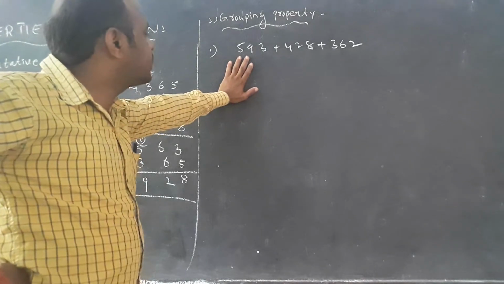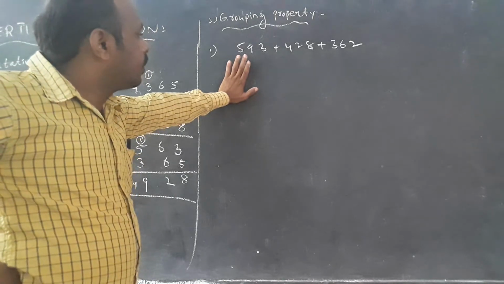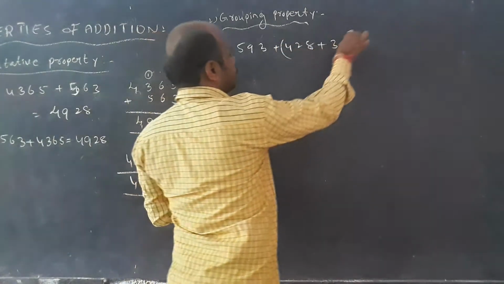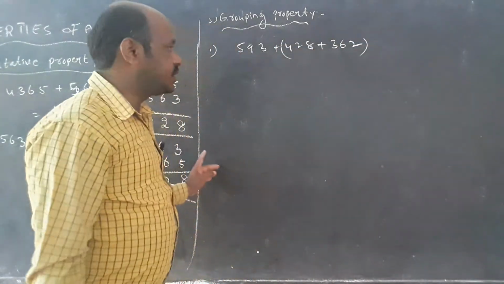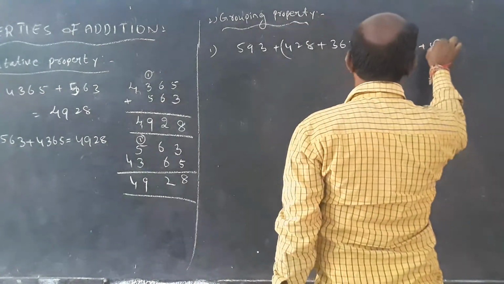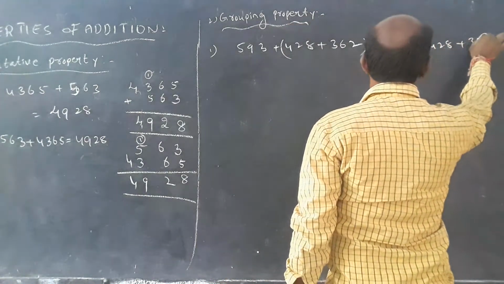Whenever we change the order of adding, first we add these two. See, first one: 593 plus 428 plus 362.